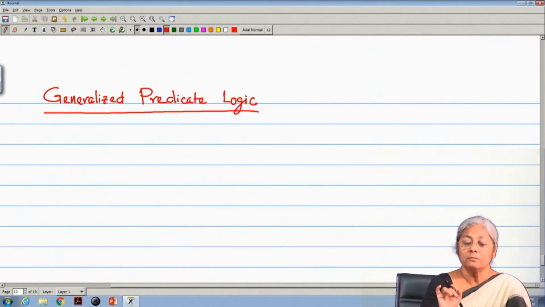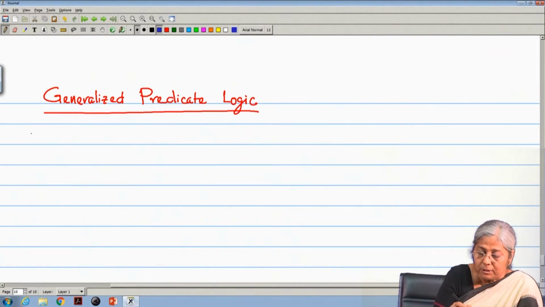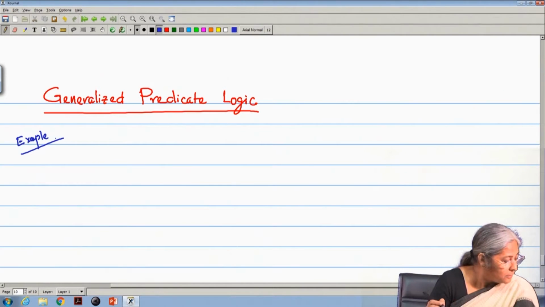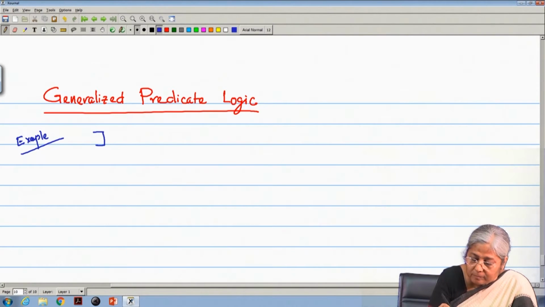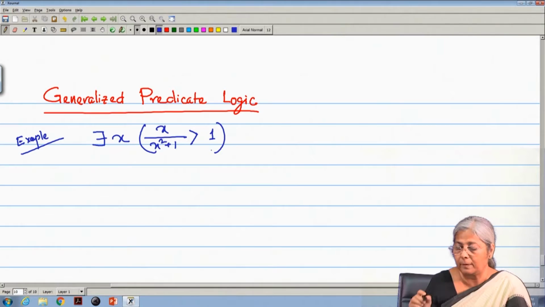So, first we see one simple example. Say, there exists x such that x by x square plus 1 is greater than 1.